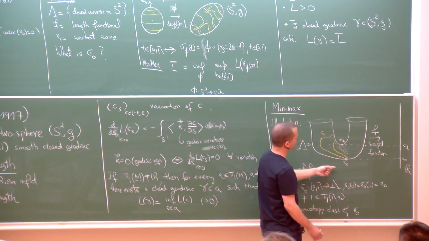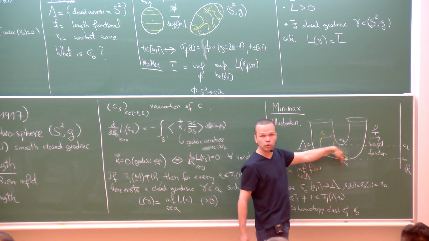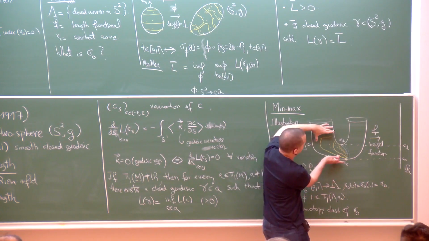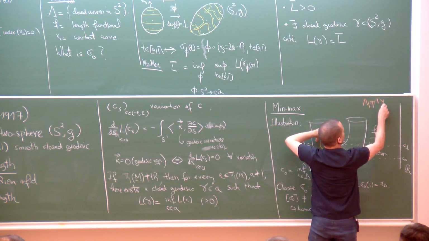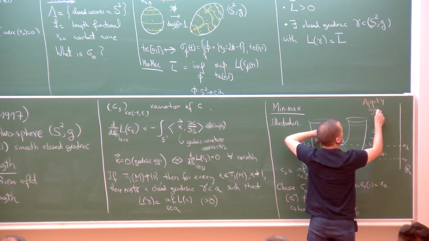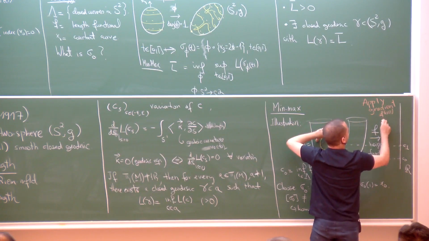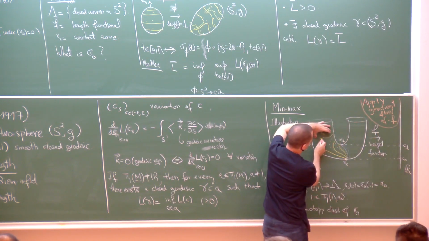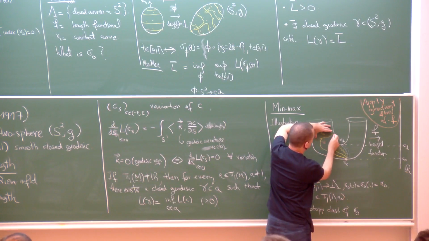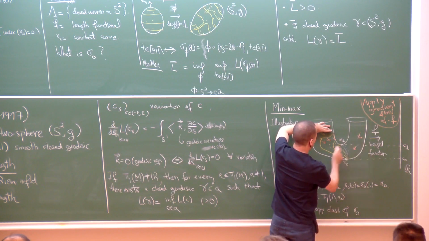You choose your favorite curve that goes into the hole of the surface, and then once you have that curve, you apply the gradient flow of minus the function.